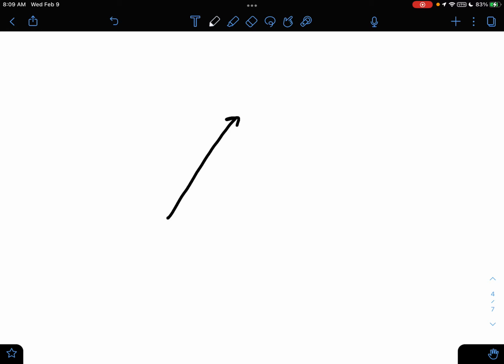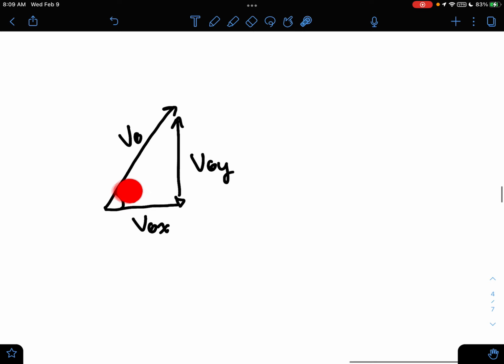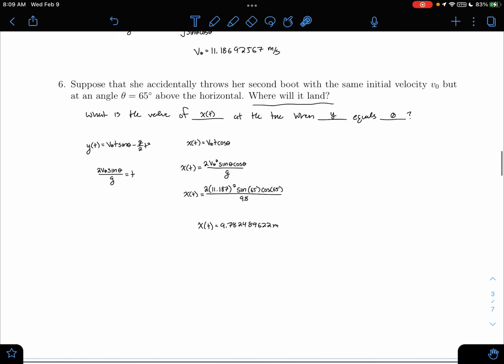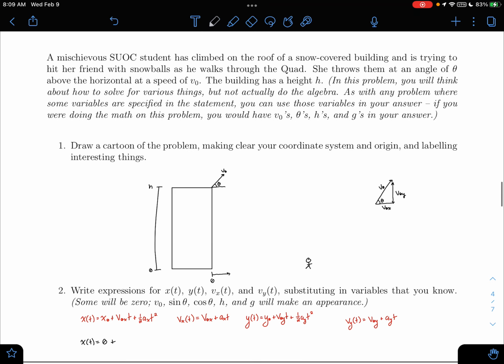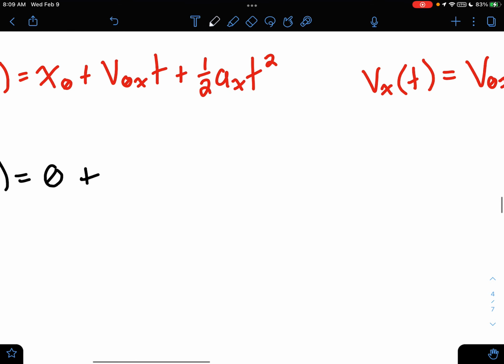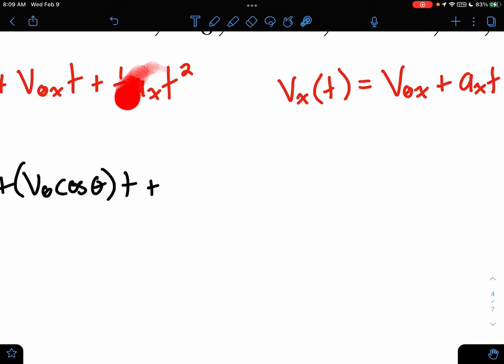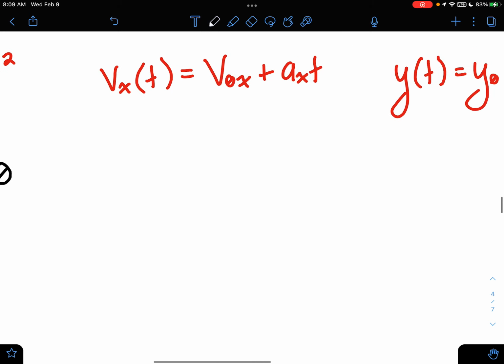There's our theta, here's our v naught x, v naught y. We set up the triangle in the same way, and I kept everything in terms of theta up here. So we're going to end up with the same v naught x and v naught y. So this is going to be v naught cos theta t plus, and again, our acceleration in the x direction, because we're going to be in free fall, it's going to be 0.